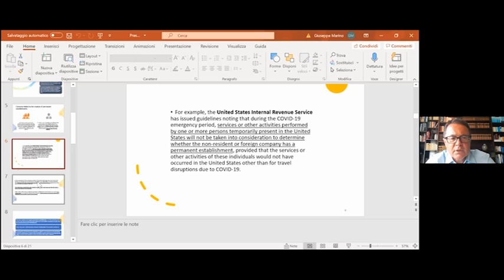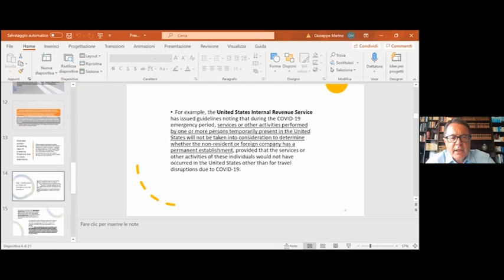I would assume that that position is closely related to the American philosophy of looking at the place of constitution of a corporation, not really the place where a corporation is effectively managed and controlled.